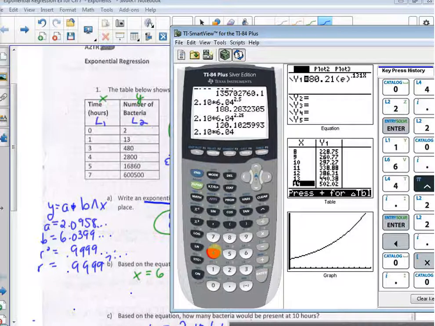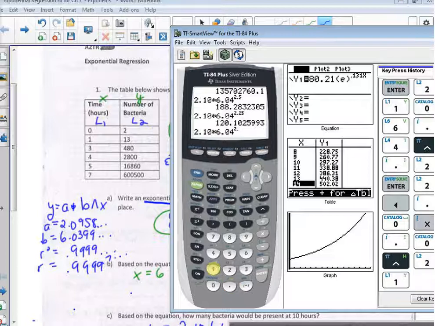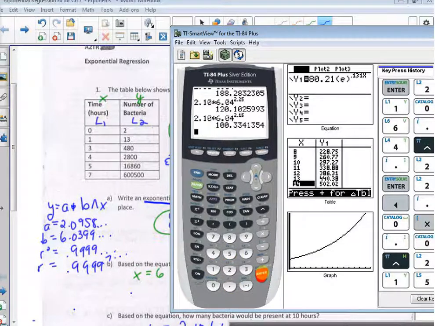And this is going to take a while. This is not the way I would normally do it. I'm just kind of showing you what you could possibly do. So I guess I could go 2 raised to the 2.15. Let's see what that does. Okay, there we are, almost 100.33. So, what if they had said take this out to the nearest hundredth? My answer should be close to 2.2 here, looks like.